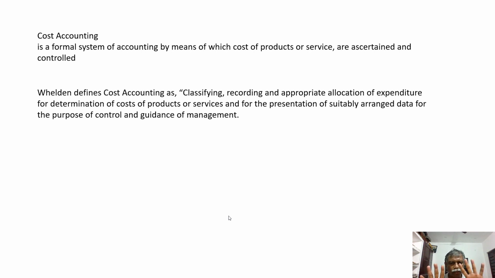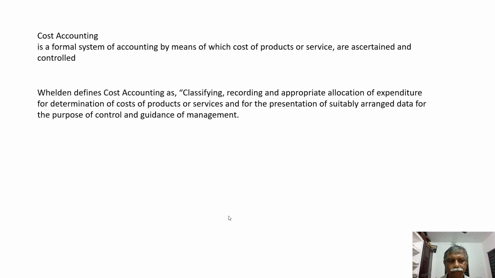But we are producing 5 products. So for which product this rent is paid? Rent is paid for all 5 products. So the rent should be distributed to all these 5 products. That is called apportionment, appropriate allocation. You okay? You divide it equally to 5 products.